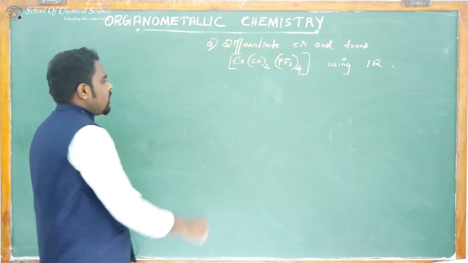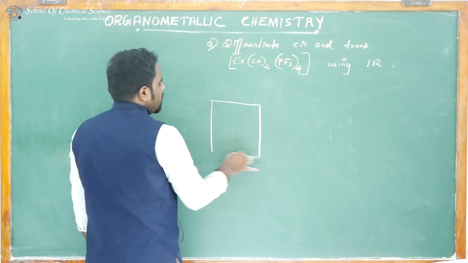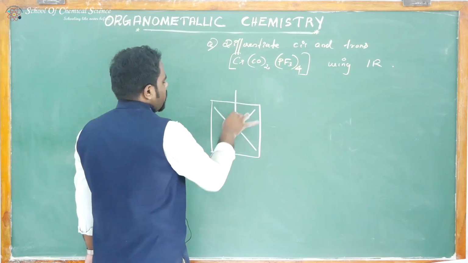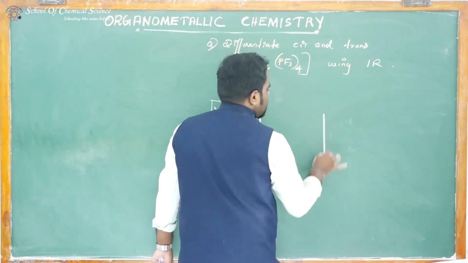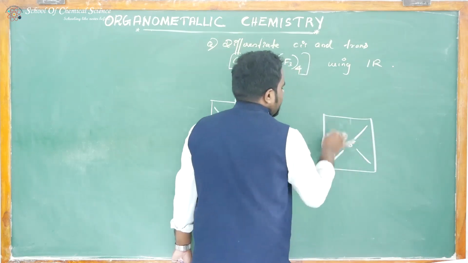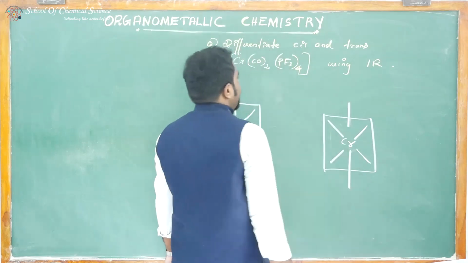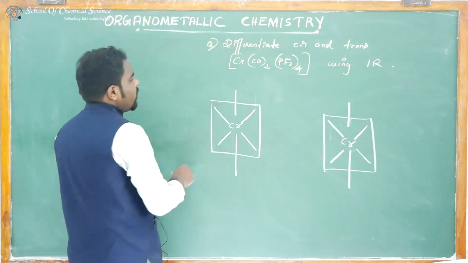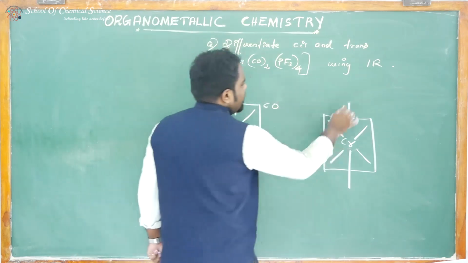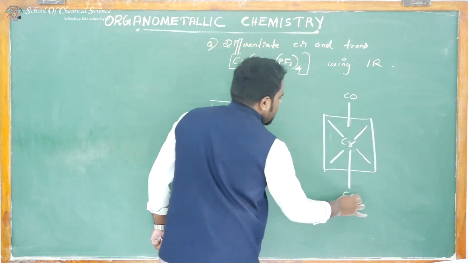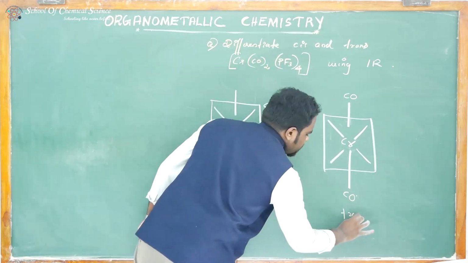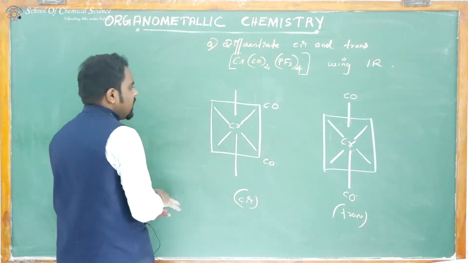This is an octahedral complex, chromium at the center, 6 equivalent positions. Cis means both carbon monoxides at adjacent positions. Trans means both carbon monoxides at opposite positions. So cis and trans. Okay, then here L.